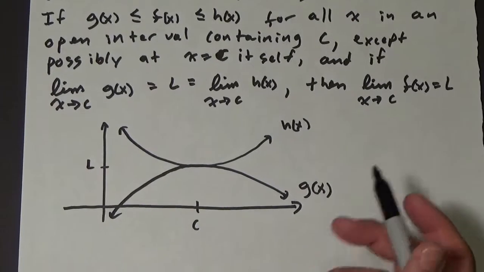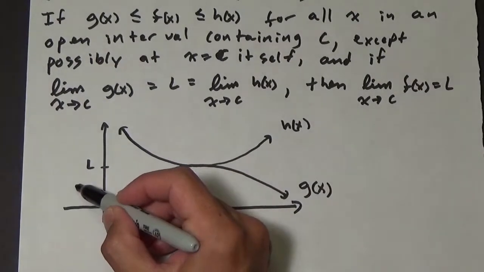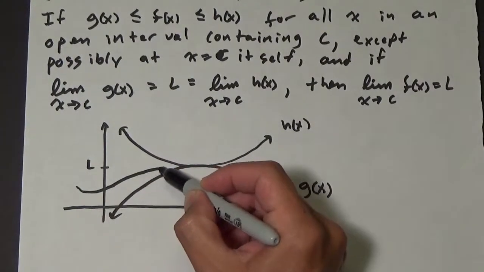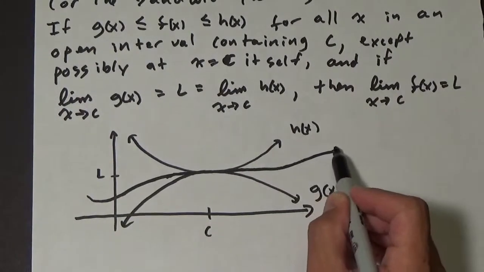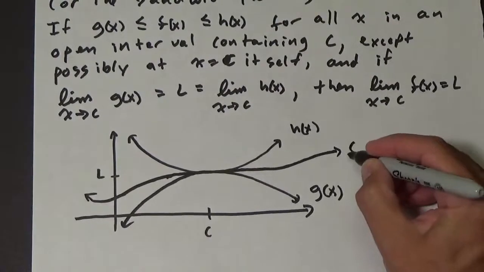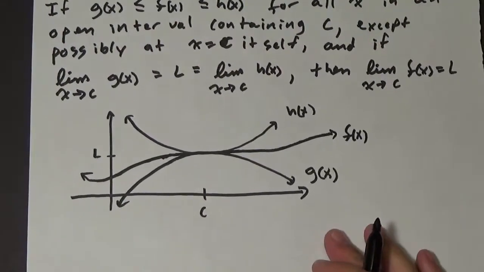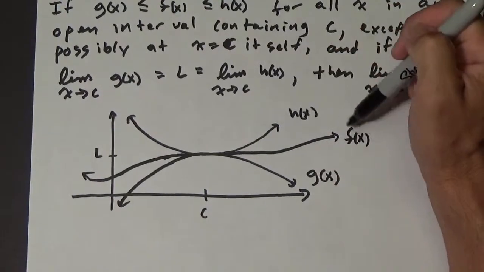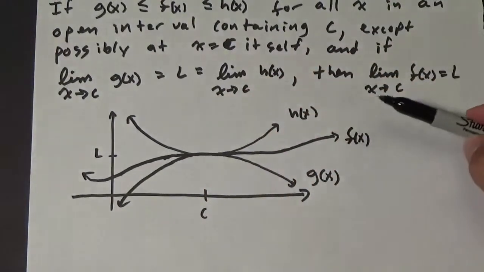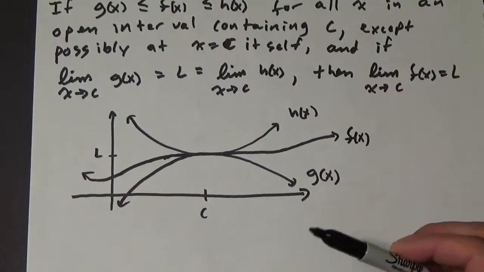Then we have this situation where we have f of x coming in. We don't know what f of x looks like, but let's say it's like that. And here is f of x. What happens is f of x has to always be between h of x and g of x.